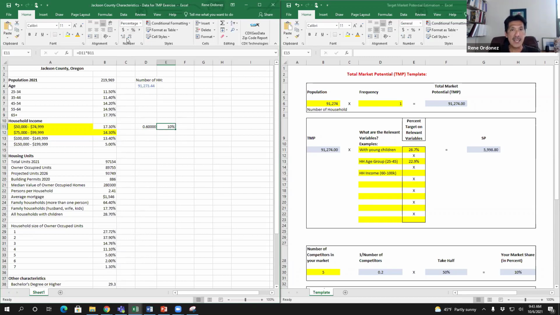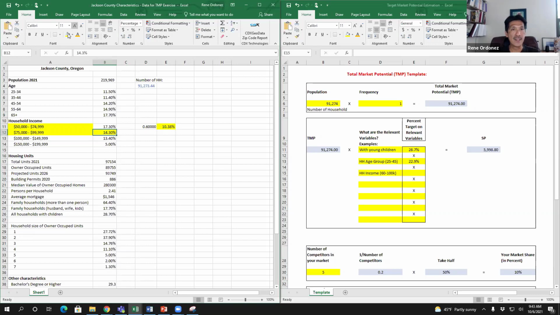What does this mean? The 10.4, this means that 10.4 of this class range belong to the $60,000 to $75,000.